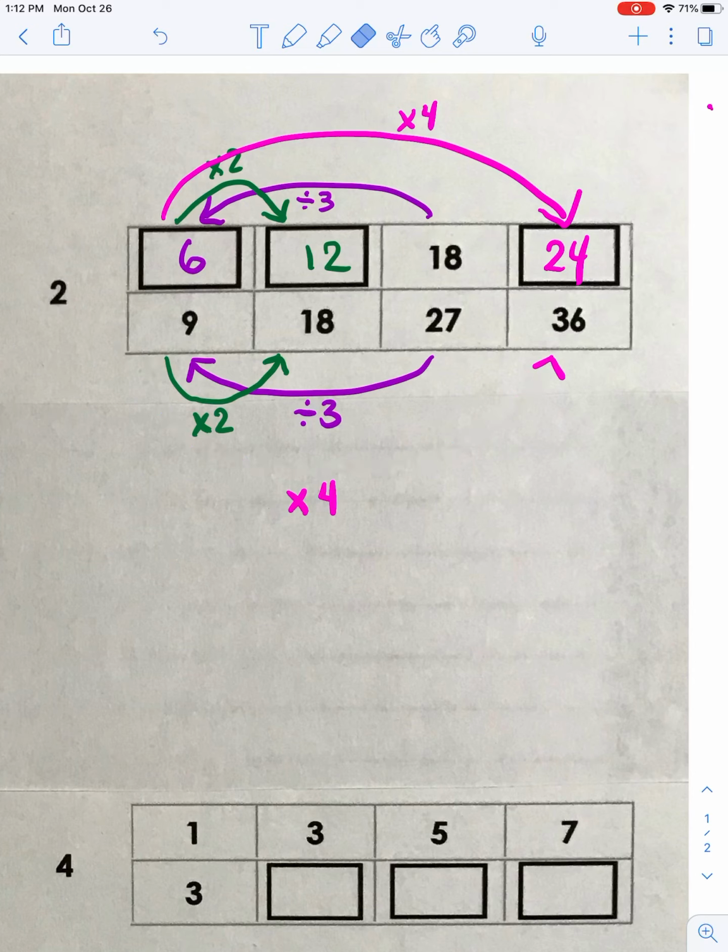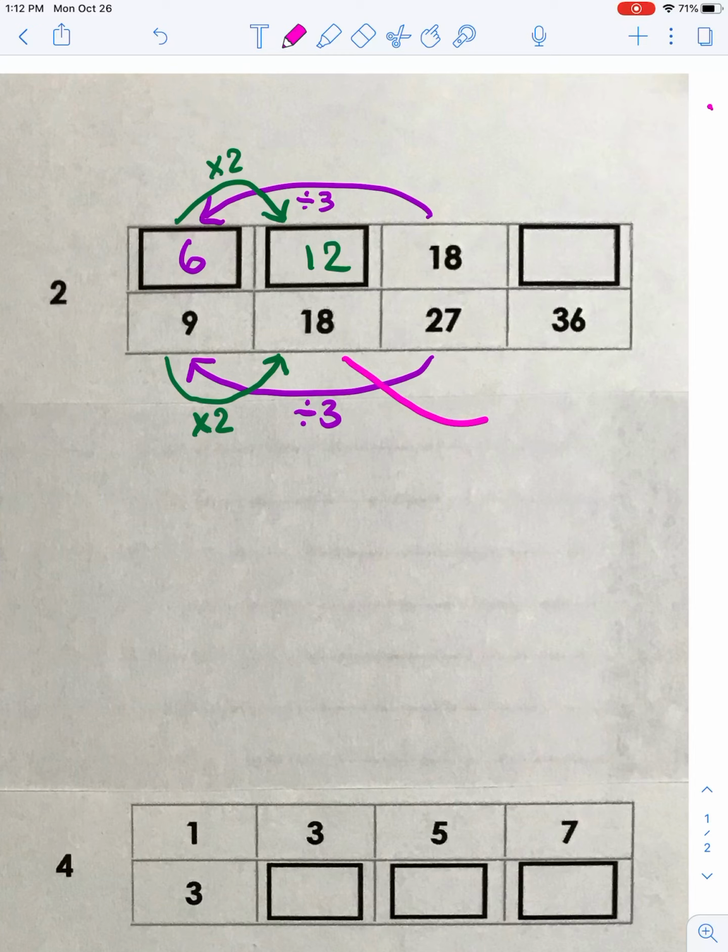But if I didn't want to do that, let's say I wasn't really sure about that one, I could have, and this is the beauty of the ratio tables, instead of going from 9 to 36, I could have looked and said, you know what, I see a relationship between 18 and 36.